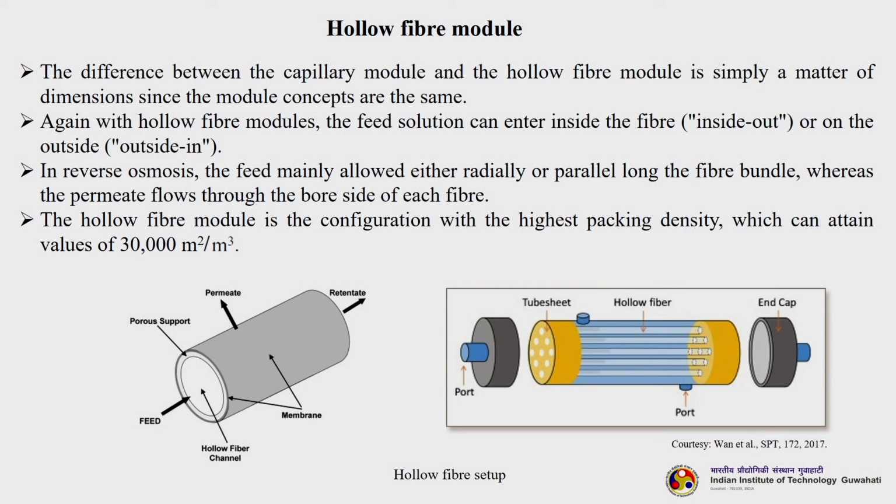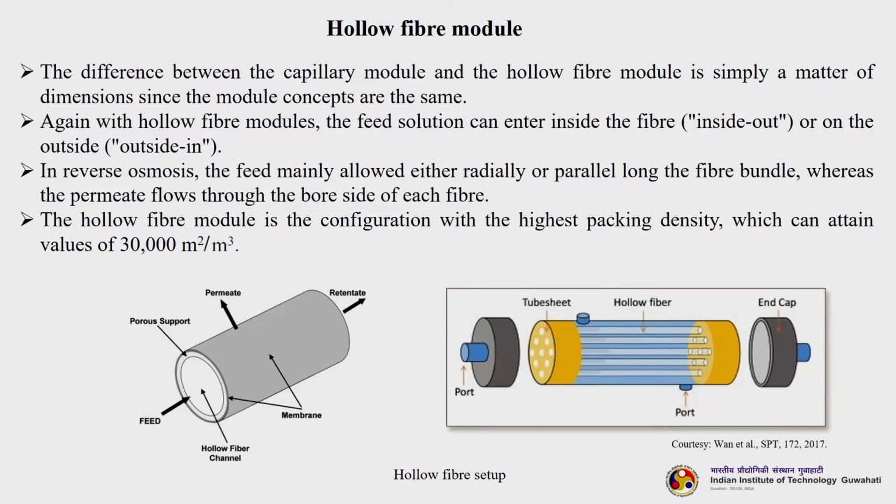So, we can have two different configurations possible here, just like our capillary systems. In reverse osmosis the feed is mainly allowed either radially or parallel along the fiber bundle, whereas the permeate flows through the wall of each fiber. The module configuration with the highest packing density achievable is almost 30,000 meter square per meter cube. It is a very high packing density.